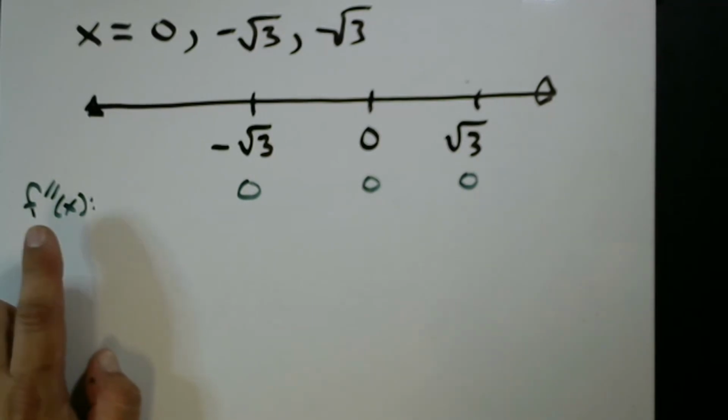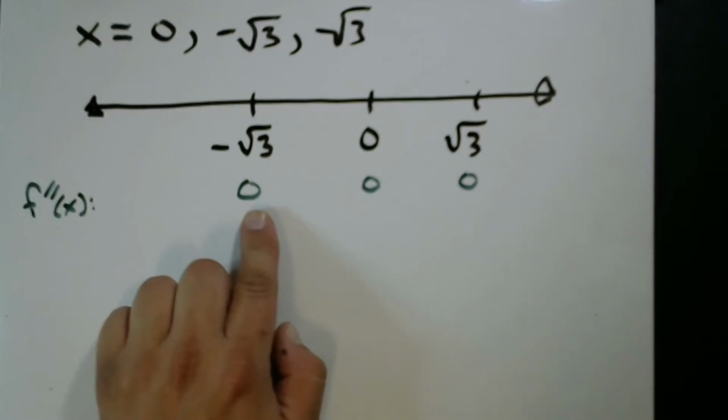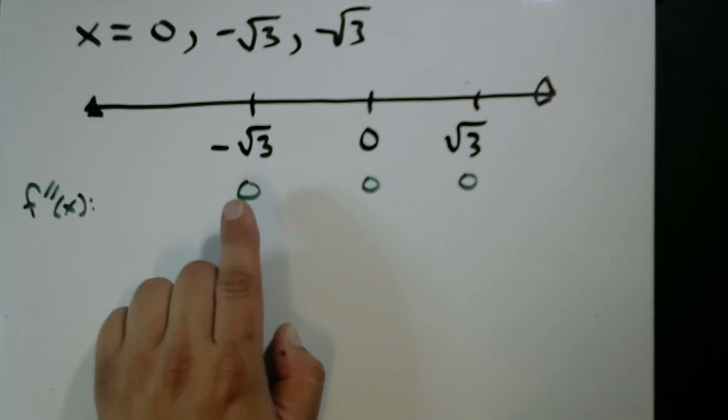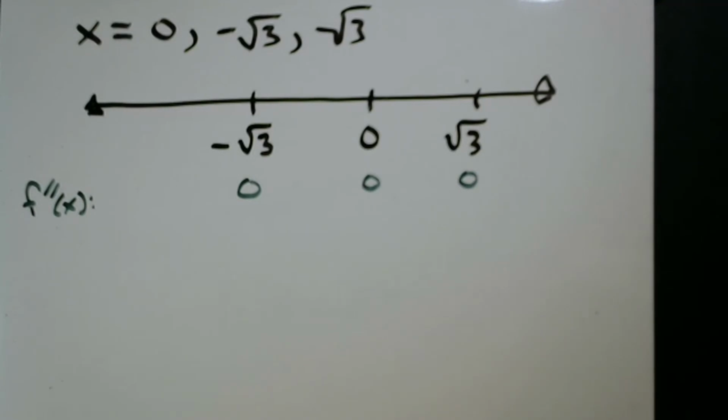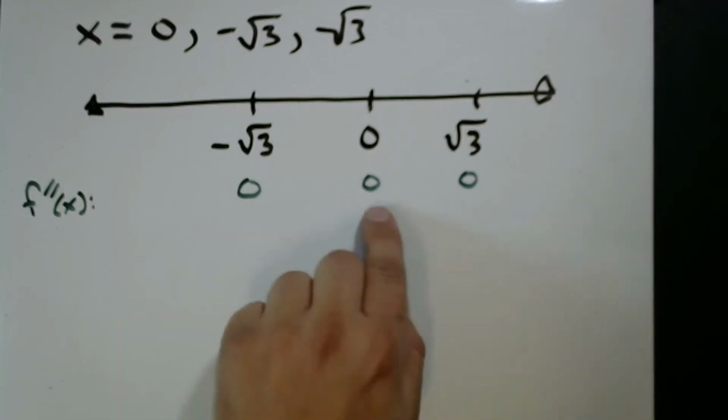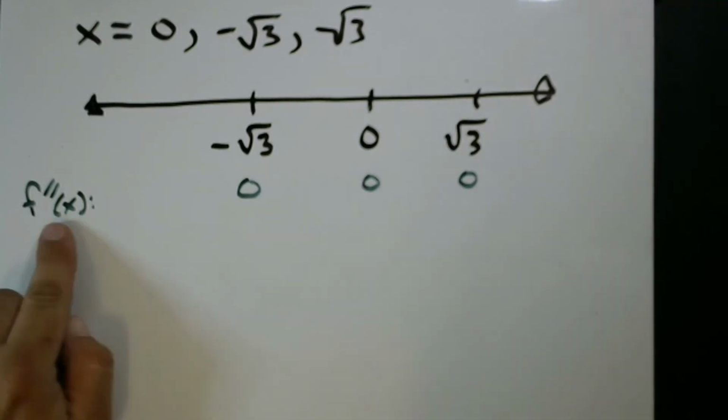What that says is this will only change sign when it becomes 0. If it wants to go from positive to negative, it has to become 0 first. Well, it only becomes 0 at these three locations. So only at these three locations can f double prime of x change sign.